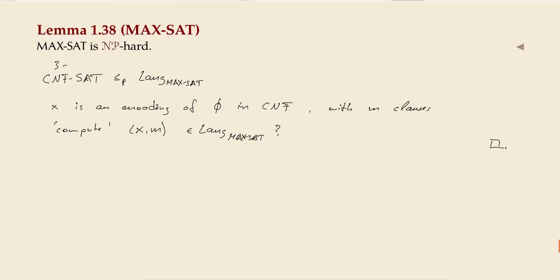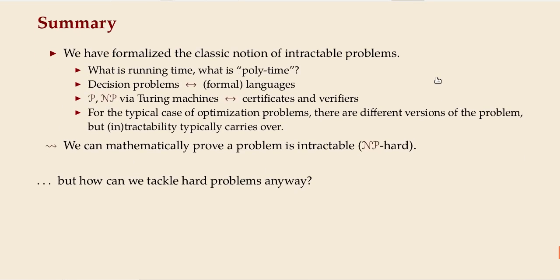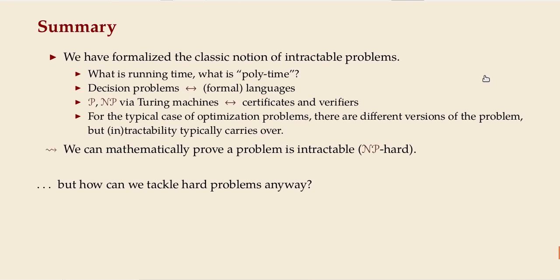Okay, so that completes the first part of the lecture in the first chapter, where we basically recapitulated notions from the theory of NP and P and NP-completeness. We have seen some formal definitions of all these terms.